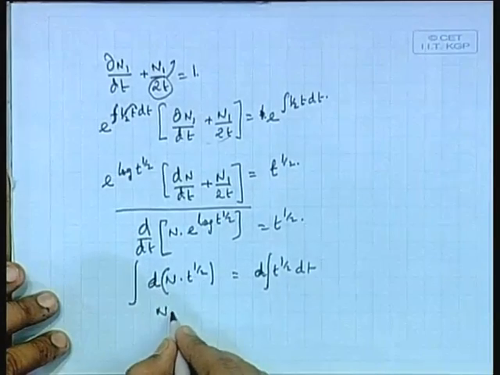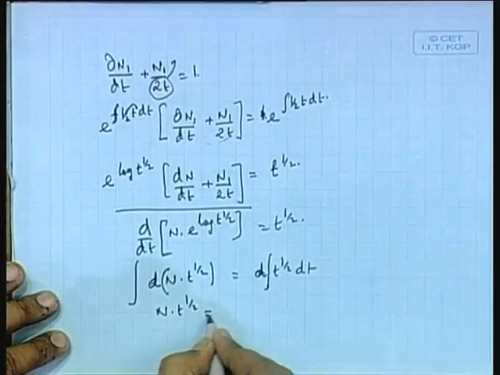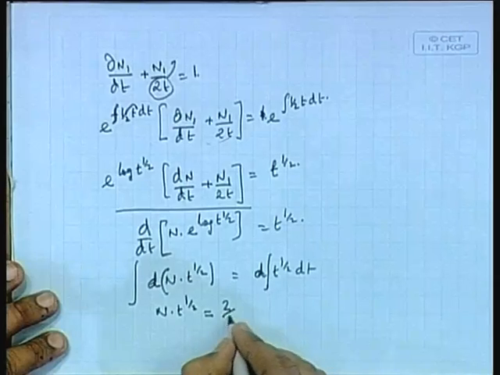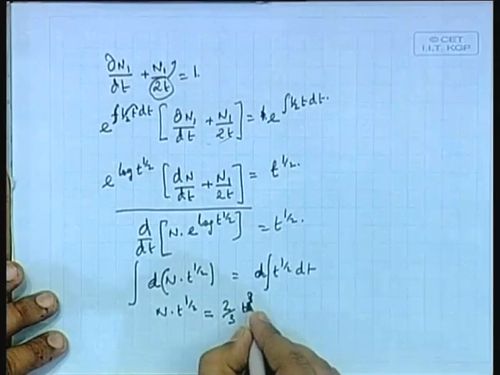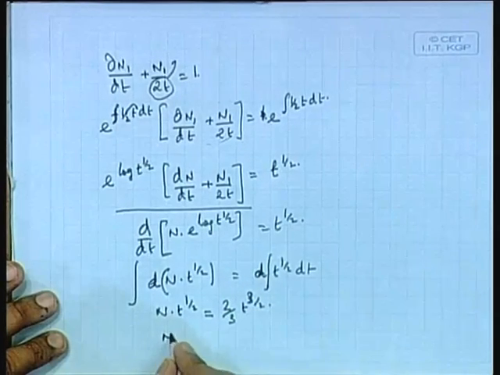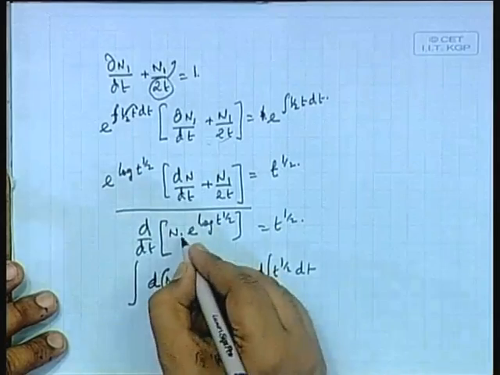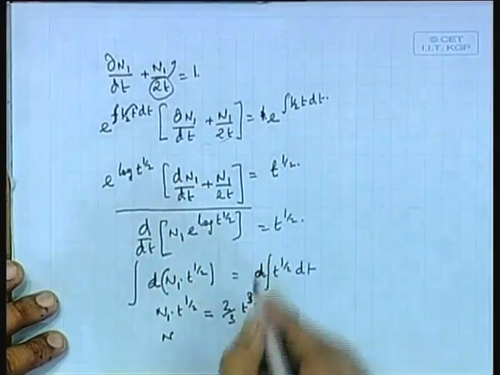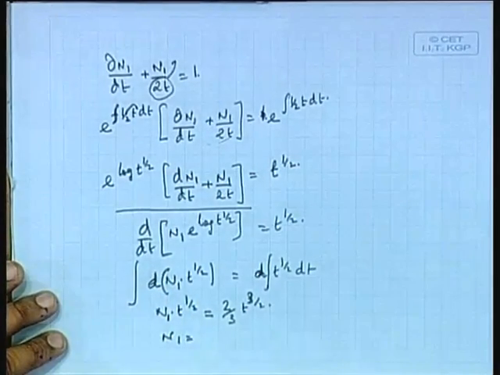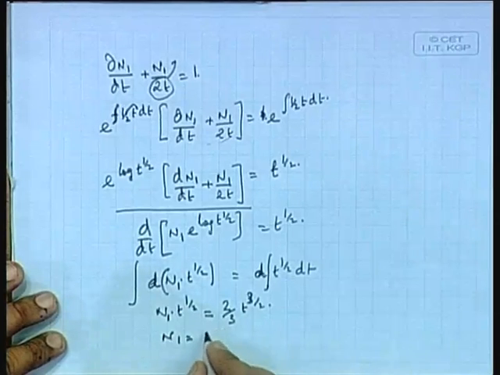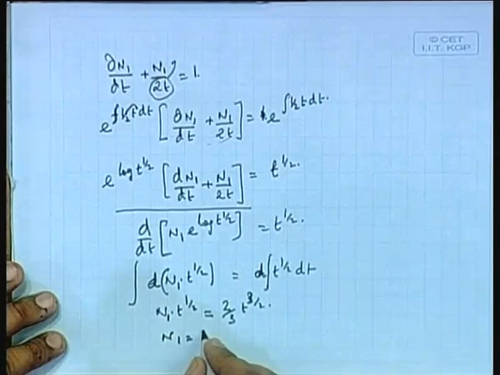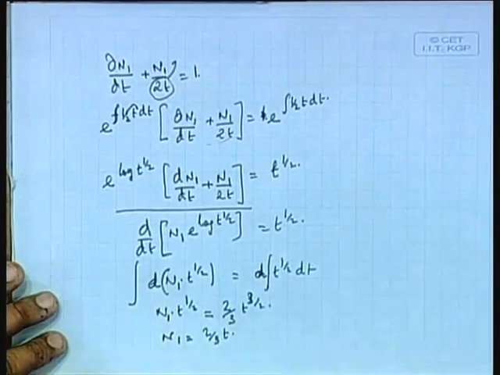So this becomes n t to the power half, and this becomes 2 by 3 t to the power 3 by 2, and n becomes n1, which becomes 2 by 3 t.